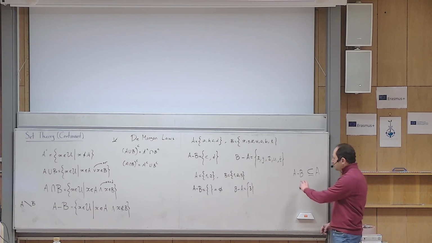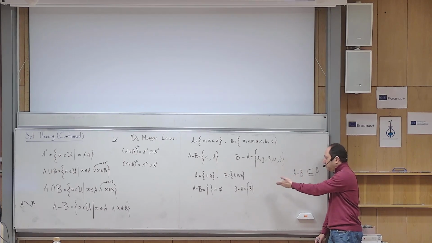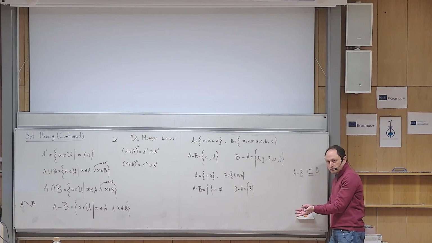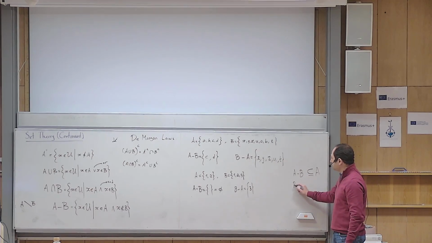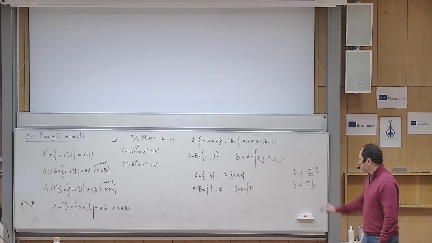Because I told you A minus B means you go and choose those elements of A that are not in B. So in principle, you are choosing either all elements of A or a portion of elements of A. Okay, so that is definitely a subset of A. Is it true if I write B minus A is a subset of B? Yes. Yes, that's clear.